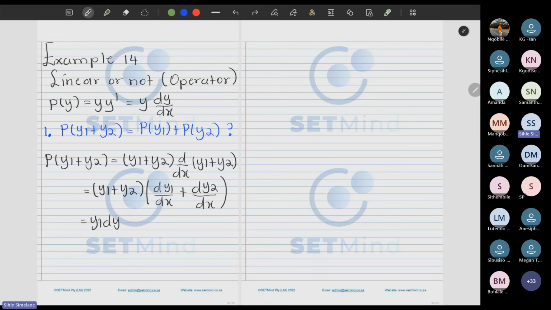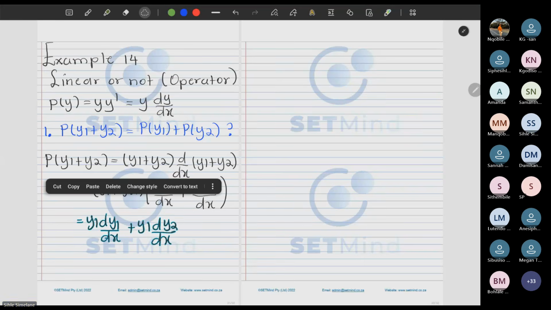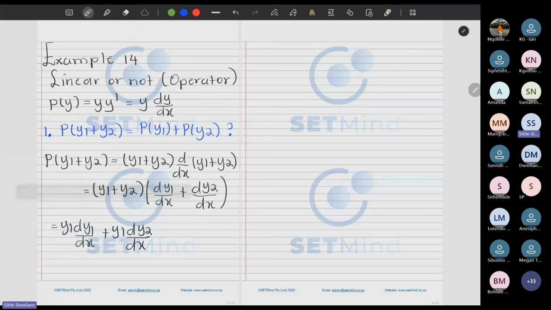And then the middle term, when you multiply y1 with that, we get y1 dy2/dx. And then when we multiply the y2 with dy1, what we will get will be plus y2 dy1/dx.